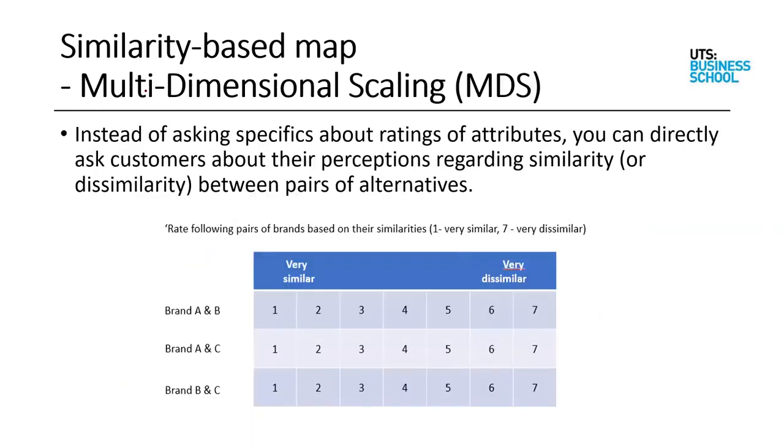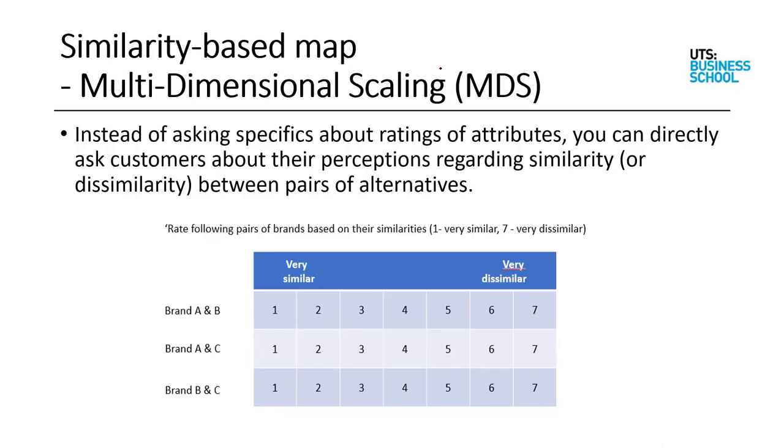All right. There's another mapping, which is called similarity-based mapping. Again, this is a more complex form compared to the basic attribute-based perceptual mapping. Just similar to PCA analysis, it is more complex.